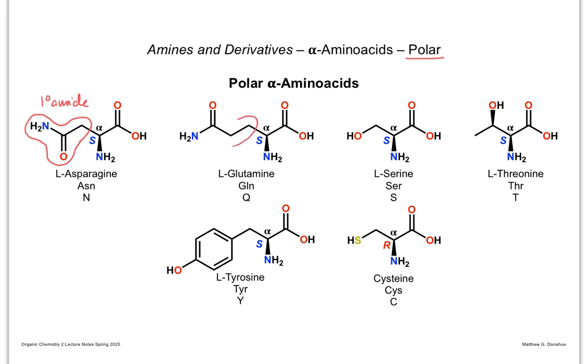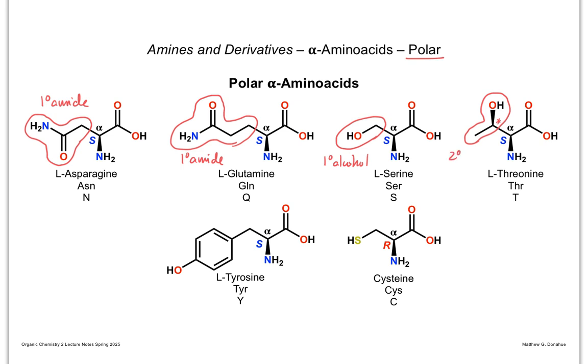Glutamine is also a primary amide, but what you'll notice is there's one more methylene group. Serine has a primary alcohol. Threonine, another stereocenter here.